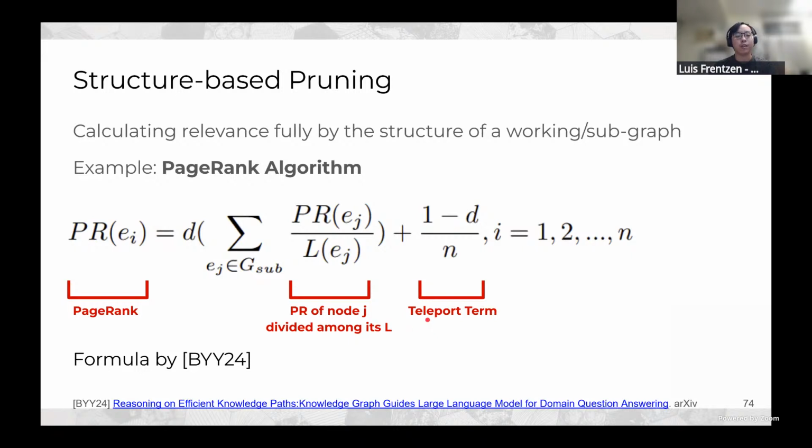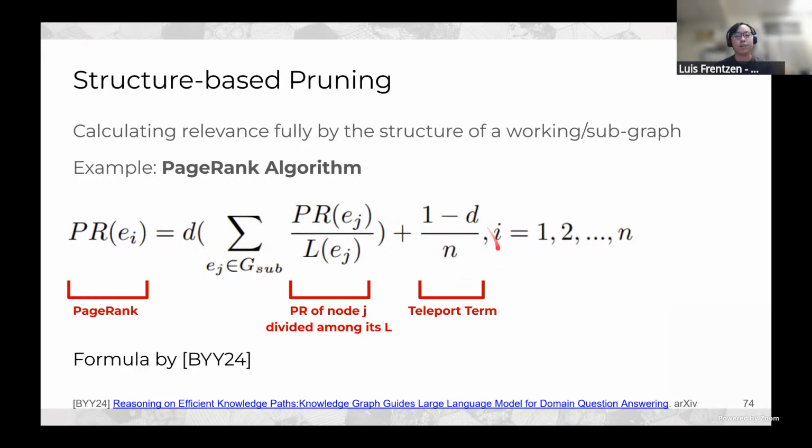Because it is based on traversing across the nodes, they also introduce this teleportation term. If you still imagine the server traversing the graph, the teleportation term means that sometimes there's a little chance that the server gets bored with your node, does not follow the edges of that node, and teleports to another node even though there are no edges connecting those two nodes.